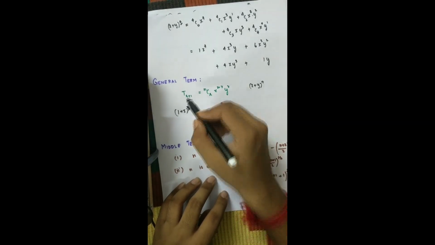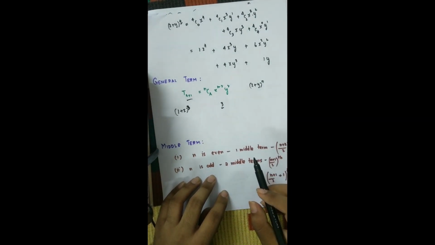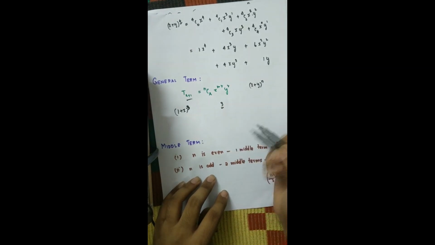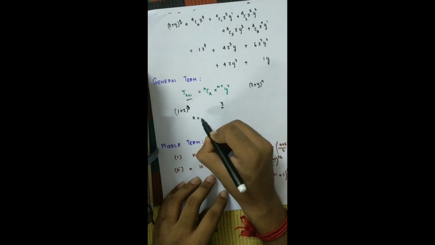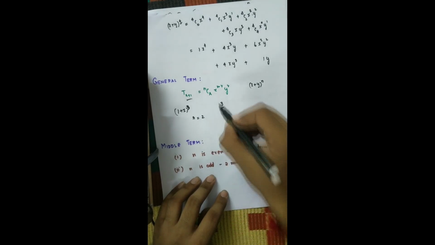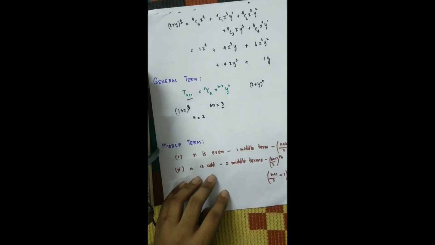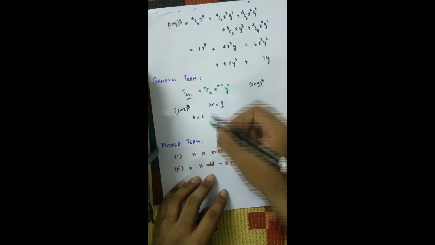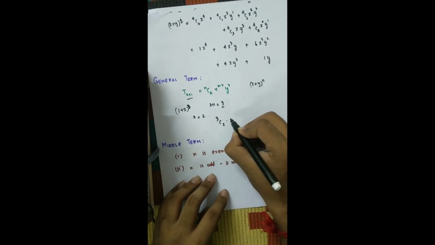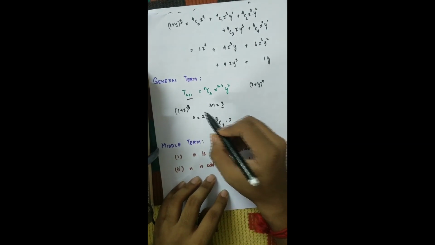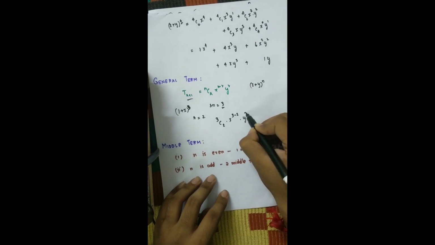So the third term is nothing but the (r plus 1)th term. Now we have to find the third term, so r is going to be equal to 2, right? Because r plus 1 is going to be 3, so r is going to be 2. So now you can directly substitute the values. n is going to be 3, so 3C2 into x power n minus r, so 3 minus 2, into y power 2.